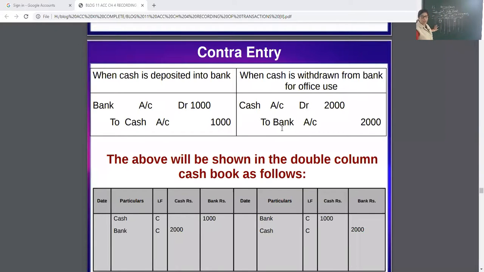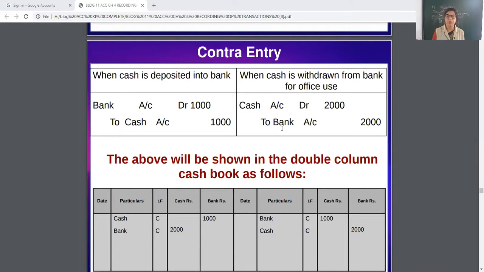So on this side you will write to bank, contra entry. On this side you will write by cash, contra entry. Contra entry means in the same cash book, two columns are there, one for cash, another for bank, and a transaction is passing through both the sides, debit and credit. Only two conditions are there when contra entry is passed: when cash is deposited into bank, and when cash is withdrawn from bank.